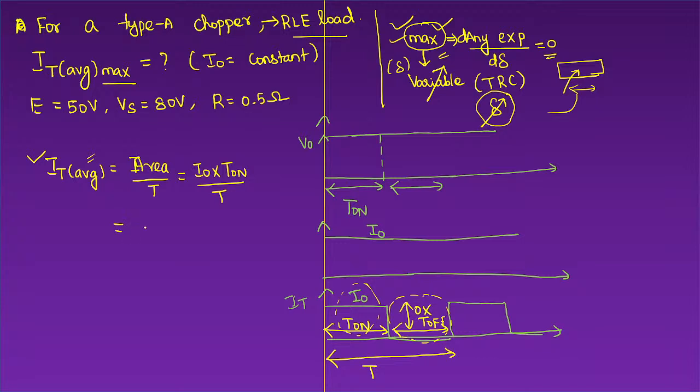So here I can write the output current I naught. Sir, they haven't given any data for the output current I naught. First thing, T on by T can simply be written as delta, because I need this expression in terms of delta only, so it is very easy to differentiate with respect to delta. Now how can I write this output current I naught? Sir, it is clearly given that the output load is an RLE load.